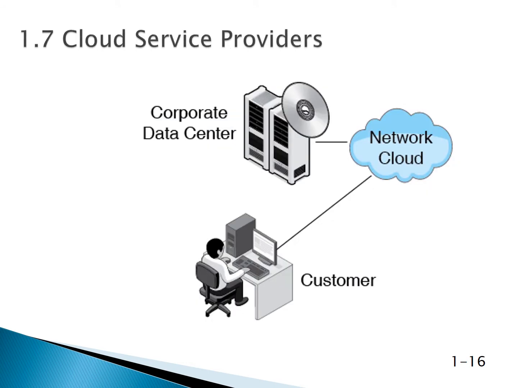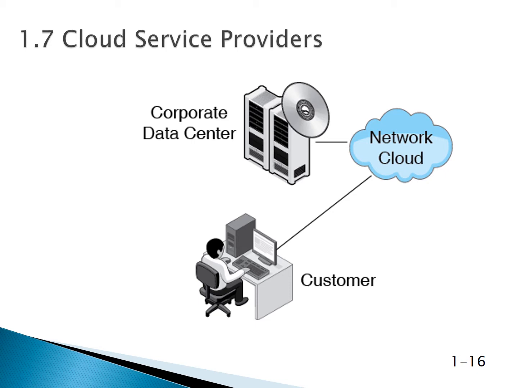So cloud service providers basically work like this. When they are running their corporate data center or their server farm, and the customer is connecting to these servers, they have to go through what we call the network cloud. So basically going through the internet. Right? Otherwise you will not be able to get the data from there. And so that's why what we're trying to bring out here is that networking is very important.